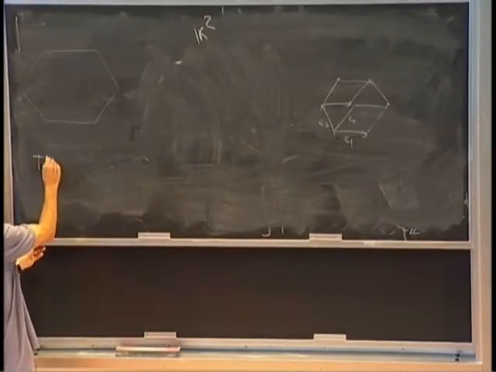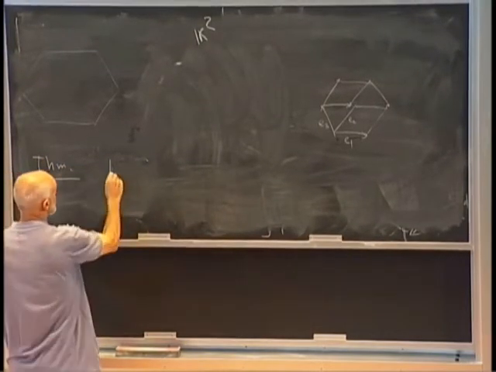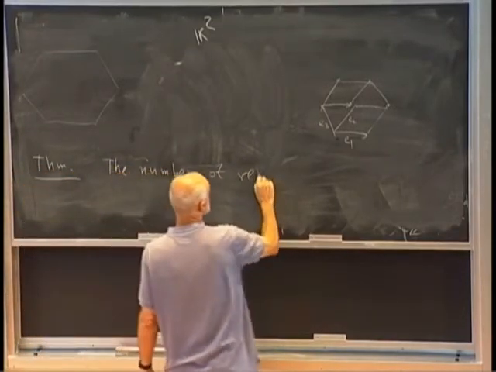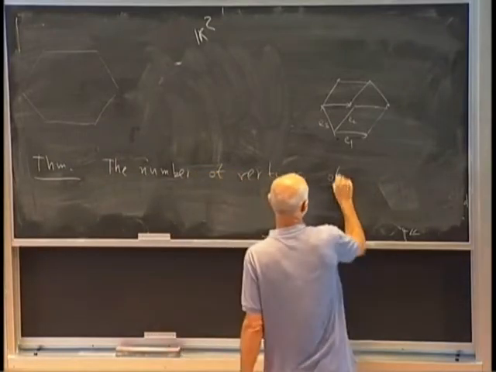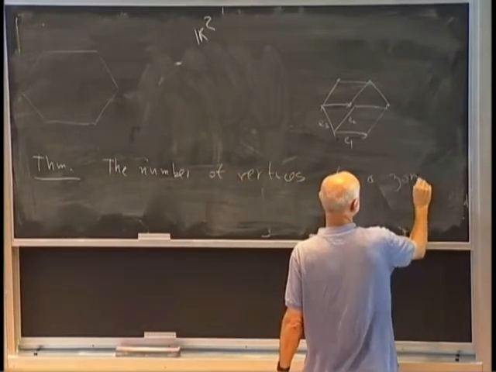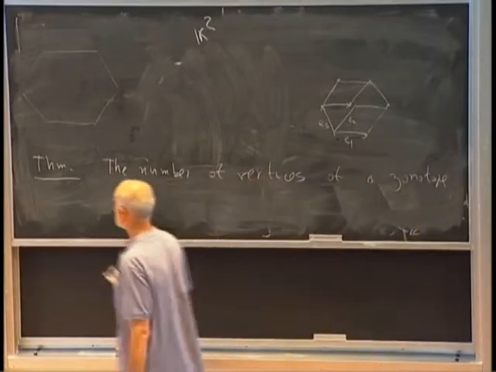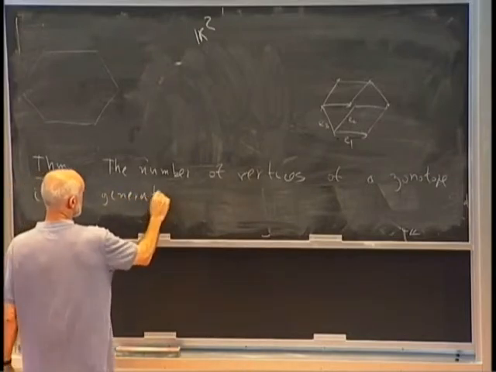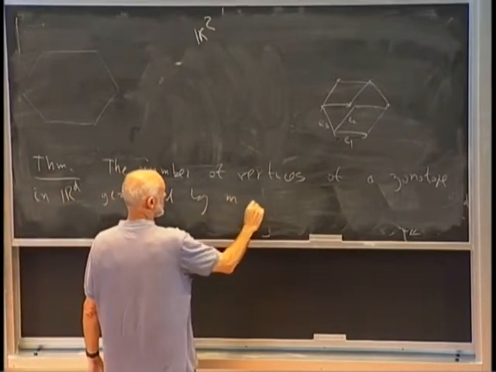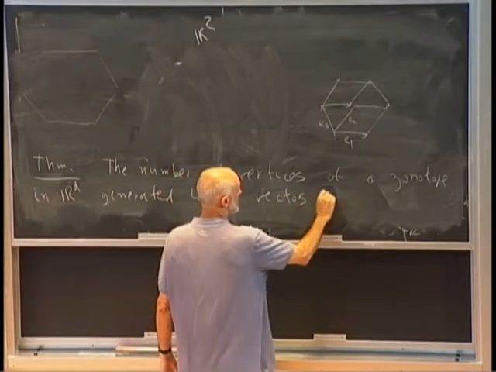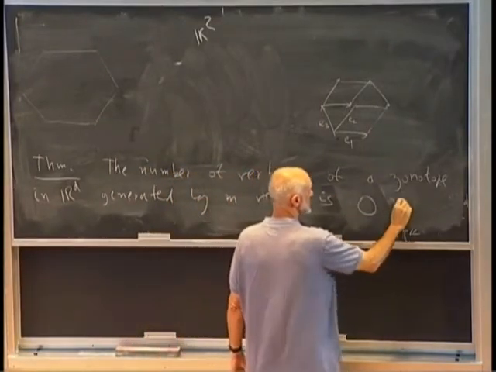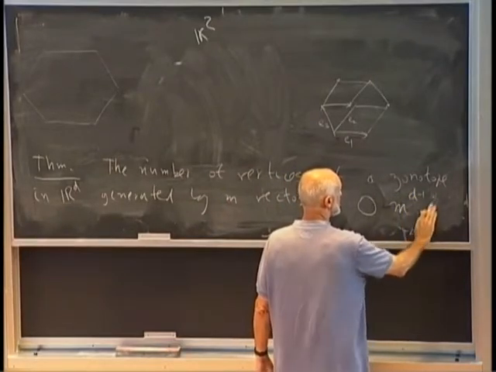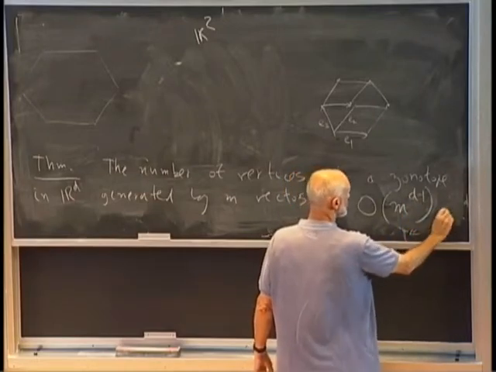Here's the theorem: the number of vertices of a zonotope in R^d generated by m vectors is, well, roughly m to the d minus 1, for d at least 3, let's say.